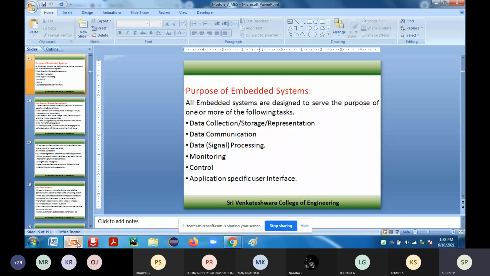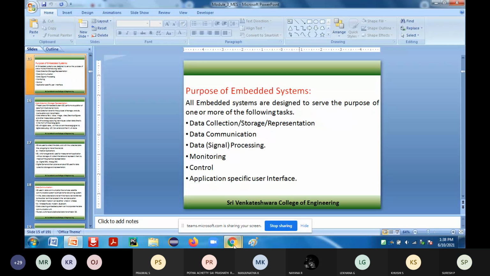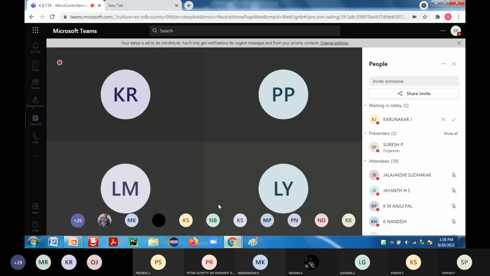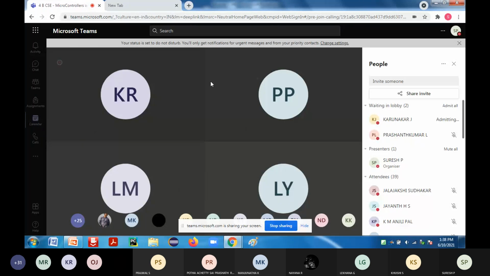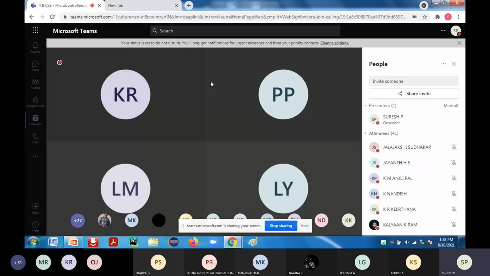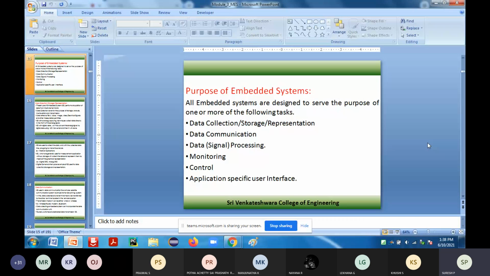Now we will see one by one the different purposes, that is, one or more of the following tasks.